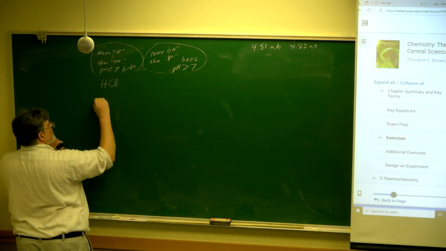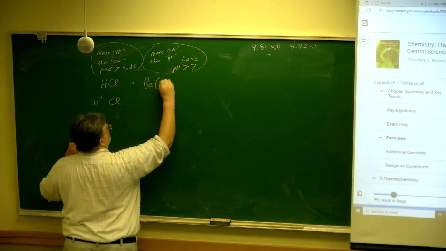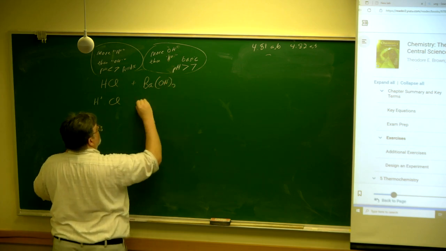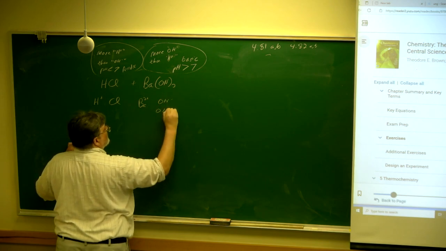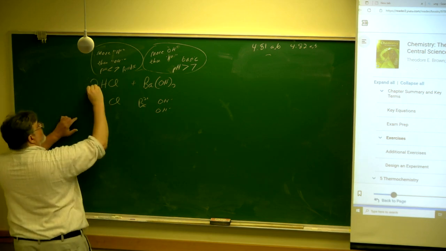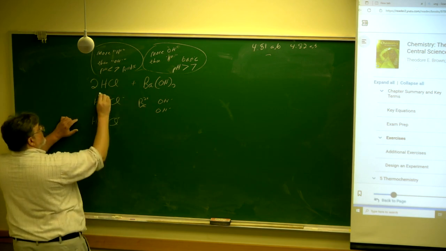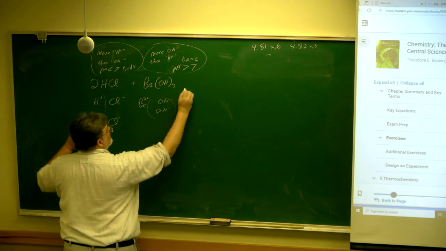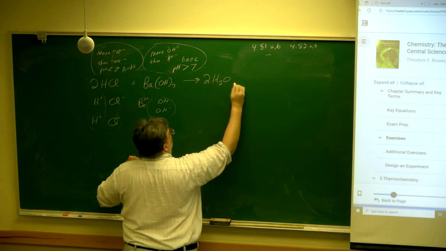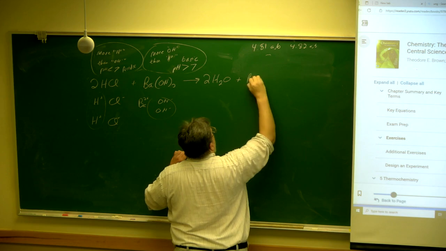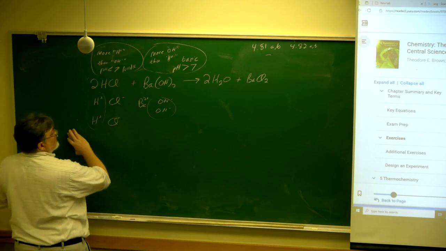This provides Cl-. This will provide Ba2+ to the solution and 2 OH-. That's why I have to put a 2 here. Now these can make 2 H2O. So be sure you balance any of these. And now we have the BaCl2, but that's not our focus.